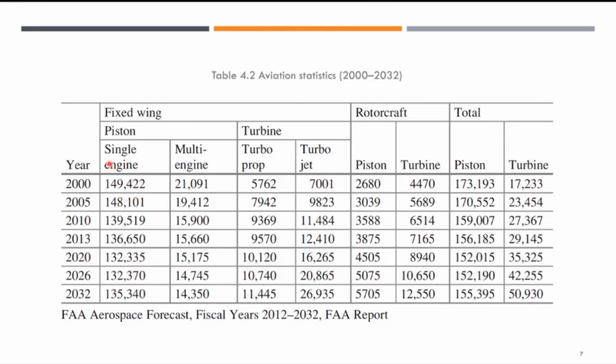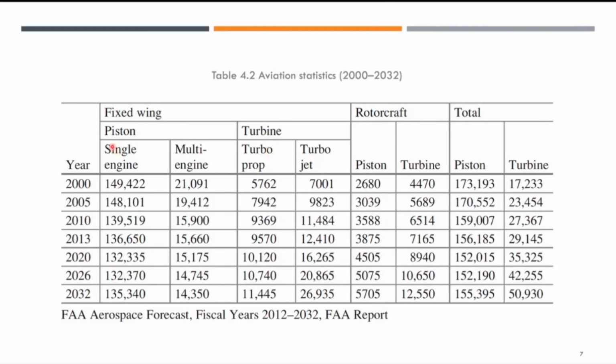What we have here is information on the application of different types of engines, for example piston with single engine or multi-engine, and then we have turbine type engines, either turboprop or turbojet.